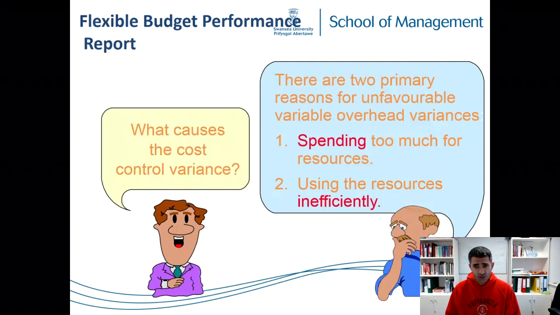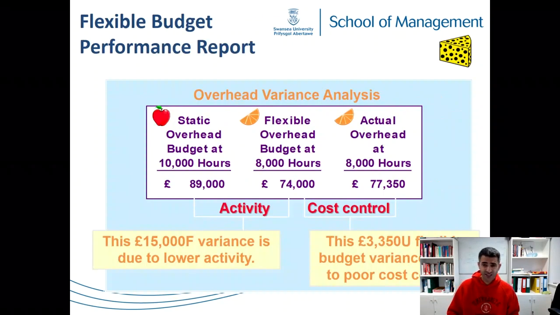Okay, so the last thing quickly now, what causes the cost control variance? As you see, when it comes to cost control, we didn't do a really good job, right? We didn't really make a saving. Actually, we didn't meet the target of the budget.